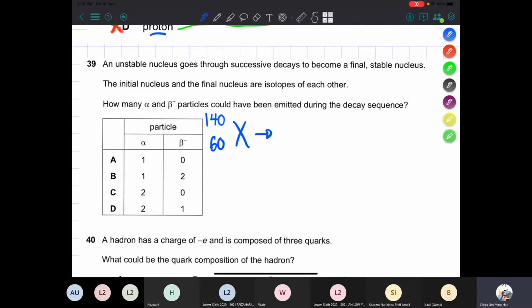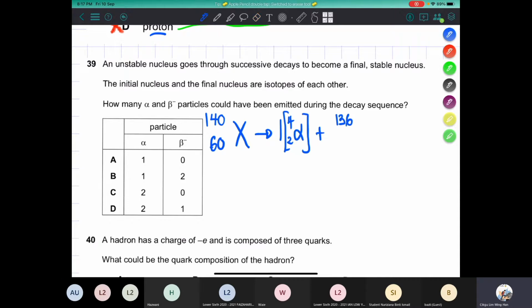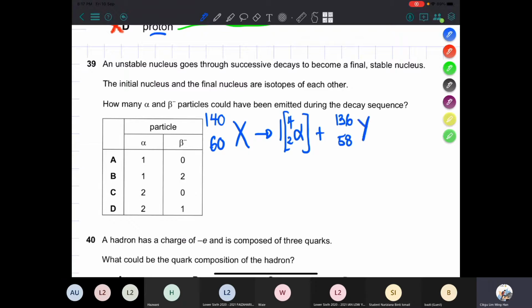Let's say we look at option A. If the answer is A, you will have only one alpha. So one alpha, so it will be only one alpha. That means you will get 136, and this one becomes 58. Let's say this is your decay. Remember isotope?